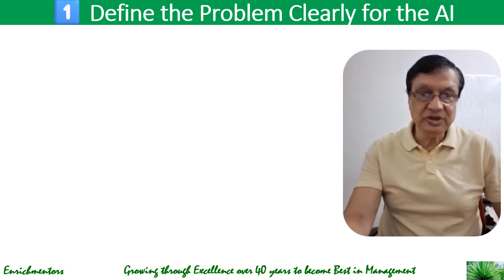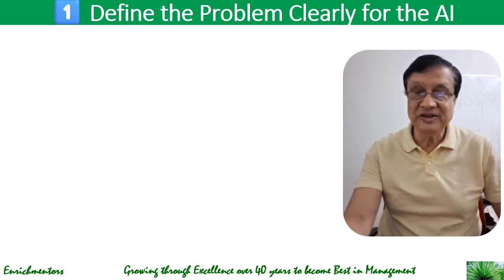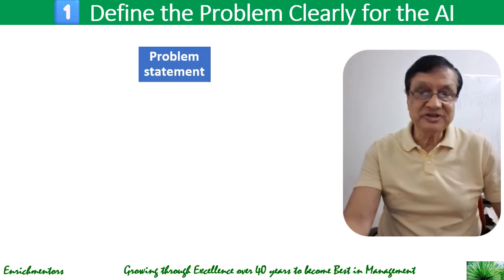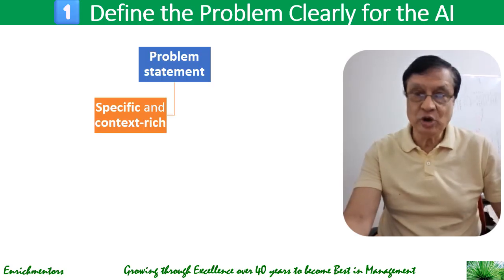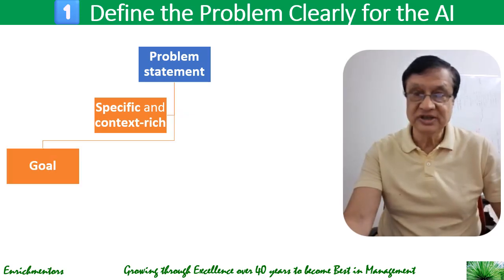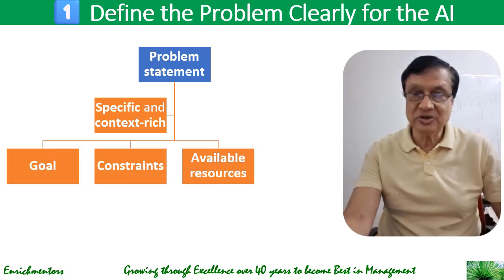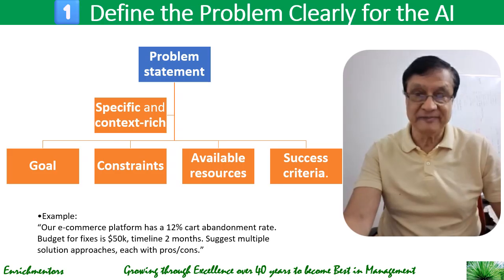First, you need to define the problem clearly for the AI. Generative AI platforms work best when the problem statement is specific and context rich, and that should include things like goals, constraints, available resources, and success criteria.